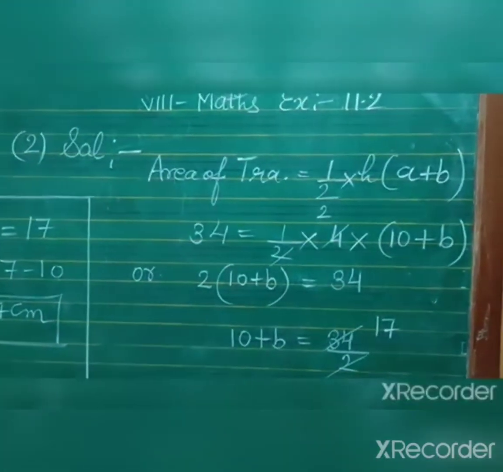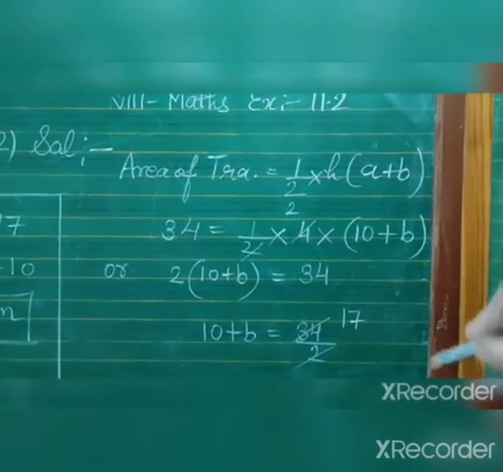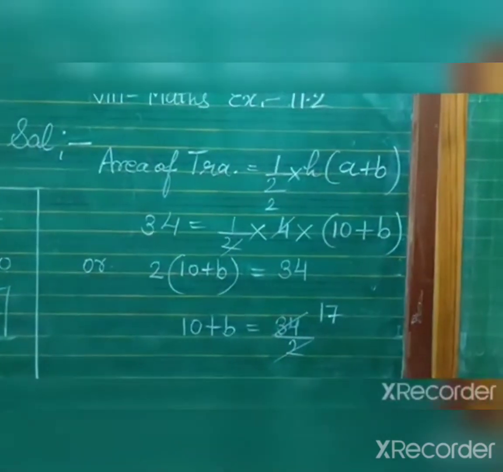So what you will do, you will write given area of trapezium is equal to 34 centimeter square and one parallel side is 10 centimeter, H is equal to 4 centimeter, then area of trapezium is equal half (A plus B) into H. Okay, I am solving on the green board so that you can understand easily. After that you will write area of trapezium is equal to half into H into (A plus B), that means the addition of two parallel sides.